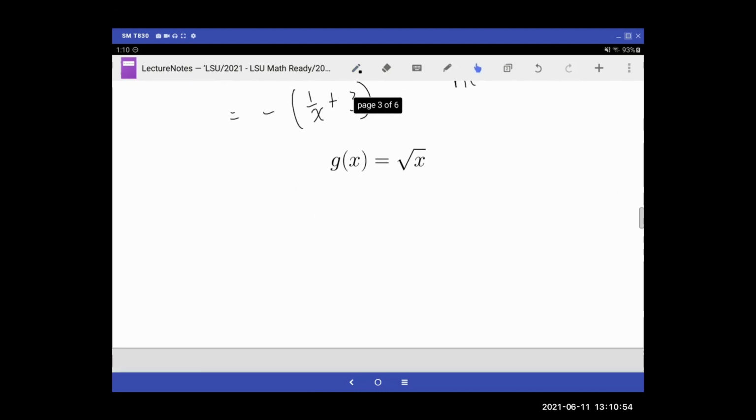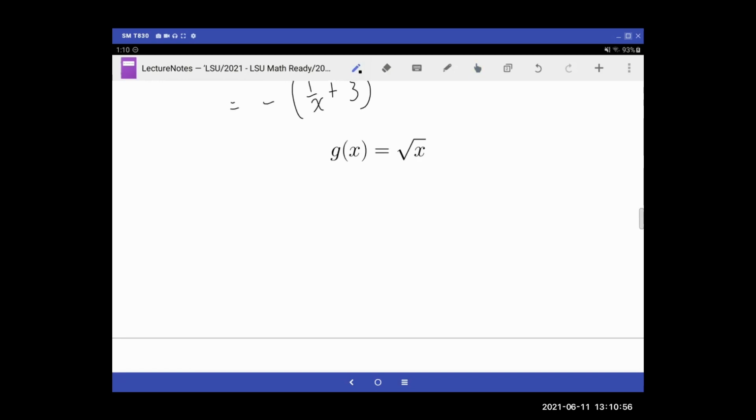Okay, and then let's do this one here, this g of x. Change x to a negative. Okay, so changing x to a negative there, I can't just factor that negative out. It's under the square root. So it has to stay in there.